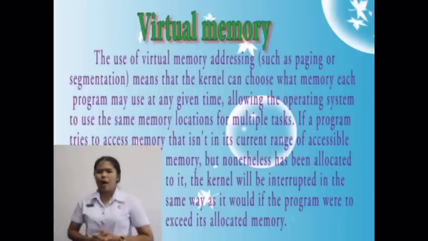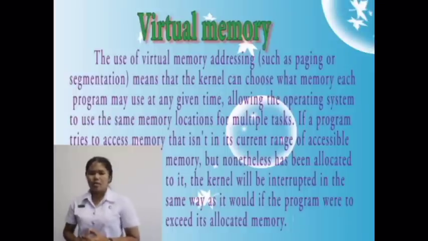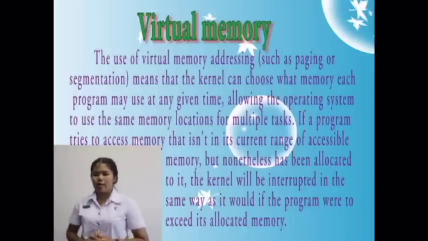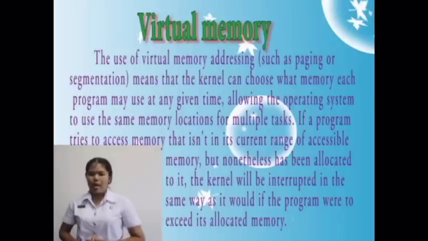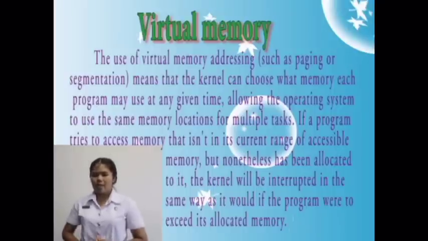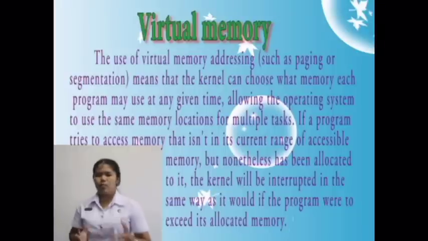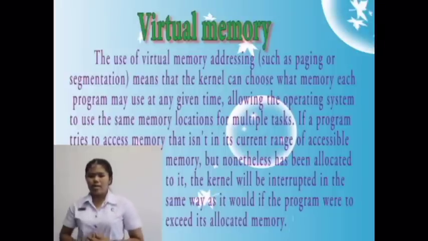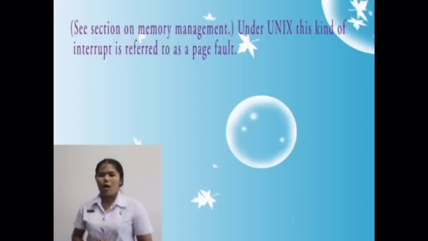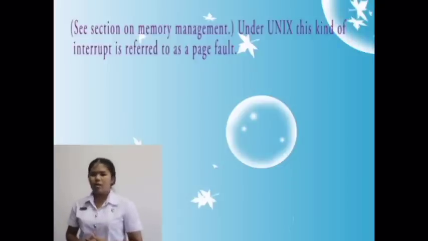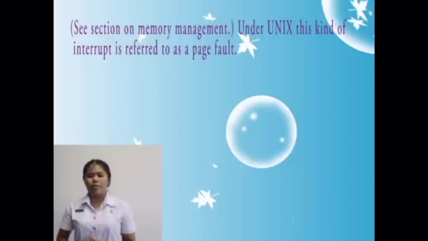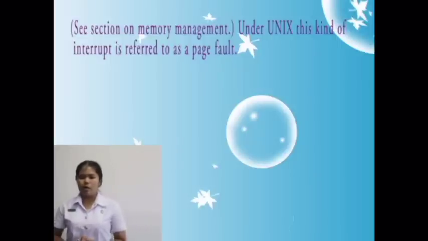If a program tries to access memory that is not in its current range of accessible memory, but nonetheless has been allocated to it, the kernel will be interrupted in the same way as it would if the program were to exceed its allocated memory. See section on memory management under Unix. This kind of interruption is referred to as a page fault.